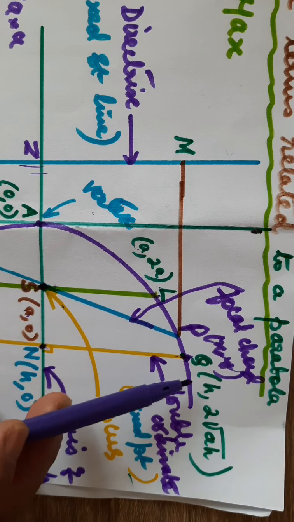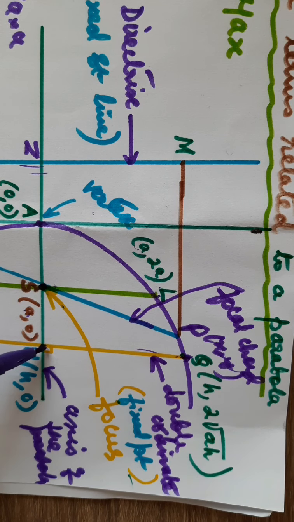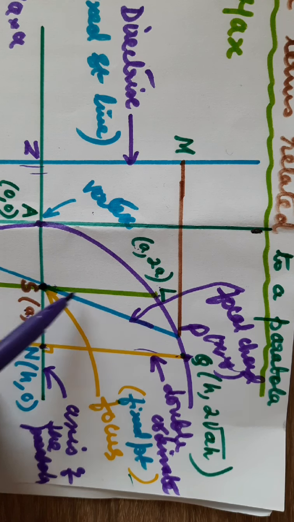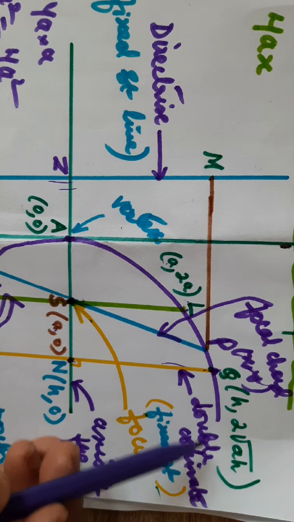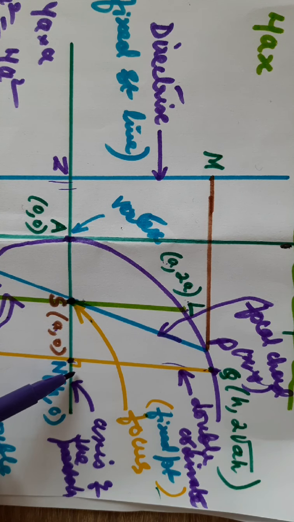Double ordinate is nothing but a chord, but it is a chord which is perpendicular to the axis of the parabola. It may or may not pass through the focus, it doesn't matter.